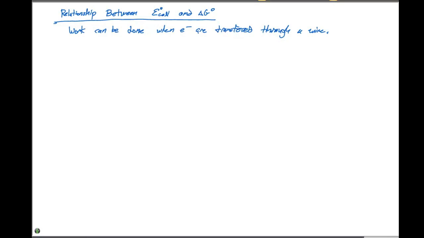The amount of work done, or the standard cell potential that we can get from the work these electrons are doing, depends on the potential difference between the anode and cathode.